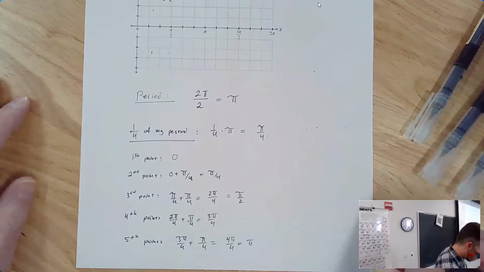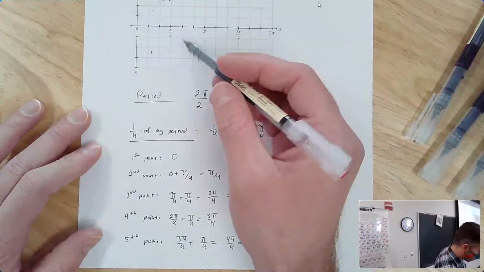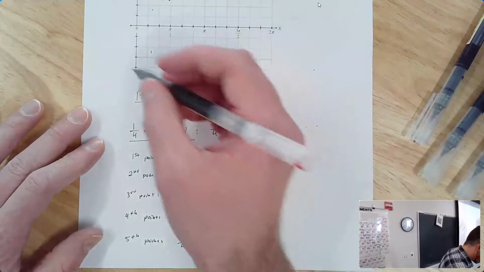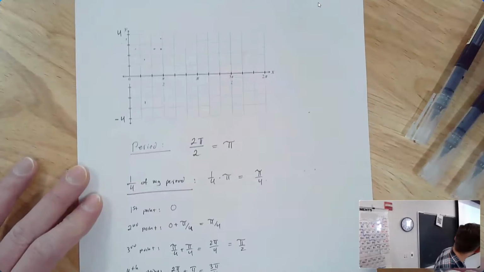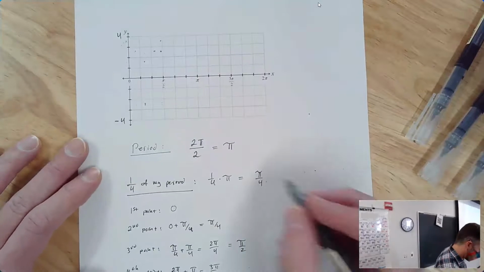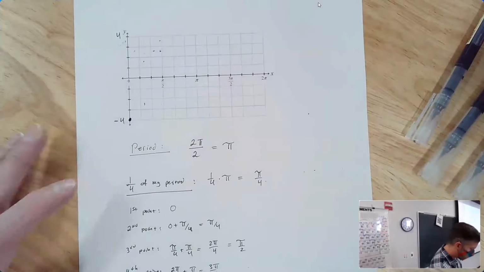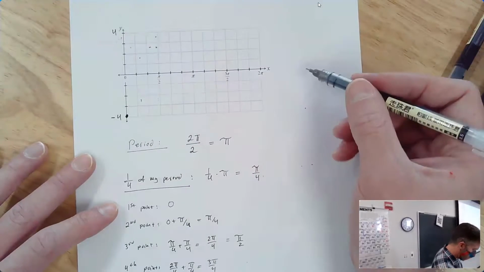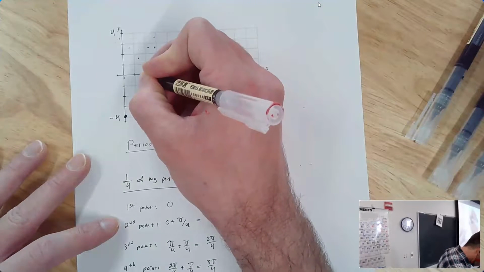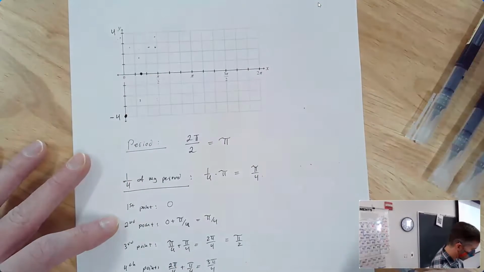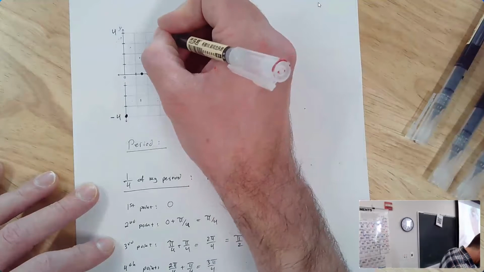So I know cosine is going to start at the bottom, down at -4. So we're going to start down here. And then my next important point is in the middle, when x is pi over 4, which is halfway between 0 and pi over 2. And the next point is going to be at pi over 2 at the top.